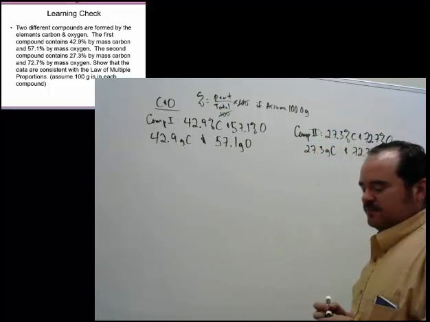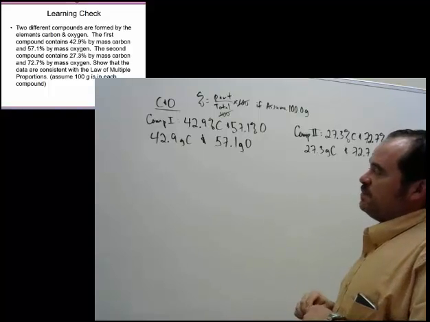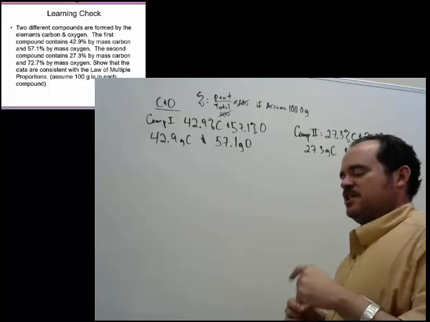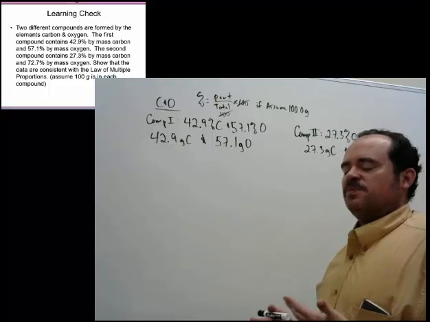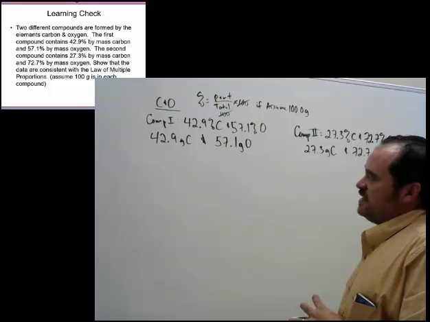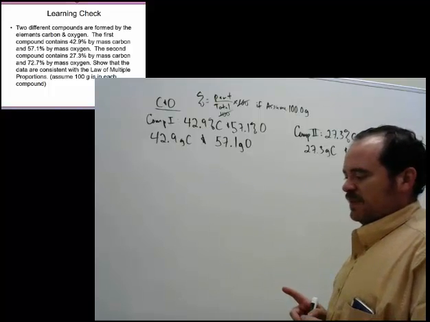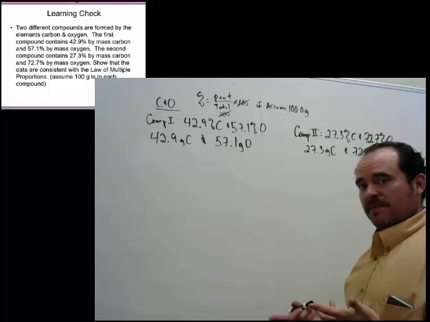All right, so next, what do we do here? Now that we have this information, we're going to set up a ratio first. If you remember from the explanation behind the law of multiple proportions, the next thing we have to do is fix one of these elements to make it just 1 gram.